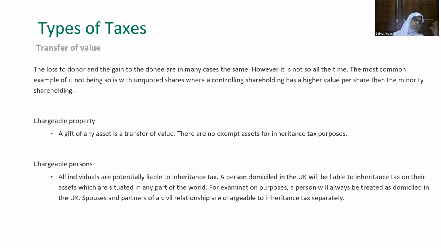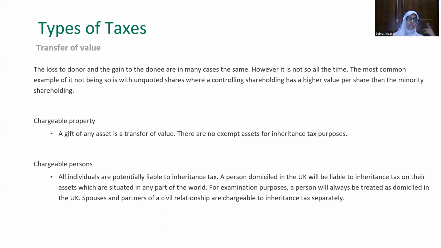The chargeable property is the gift of any asset which has a transfer value, and there are no exempt assets for inheritance tax purposes. All the assets passed down by inheritance will be taxed.